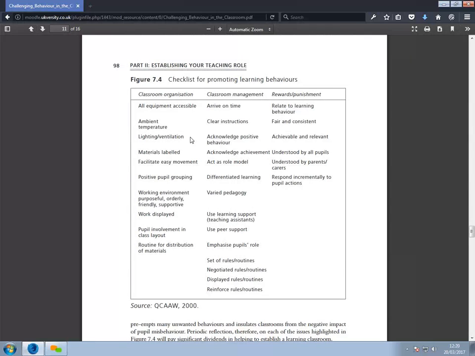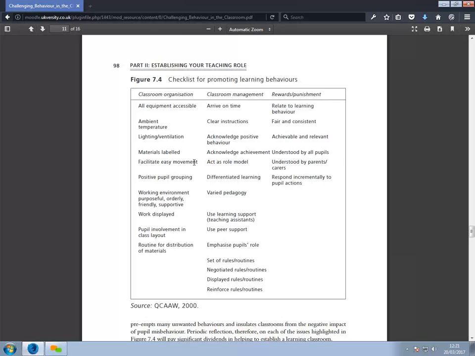The lighting and ventilation are okay. You acknowledge behaviour and set achievable and relevant tasks. All materials are labelled. You acknowledge achievement and it's understood by all pupils.